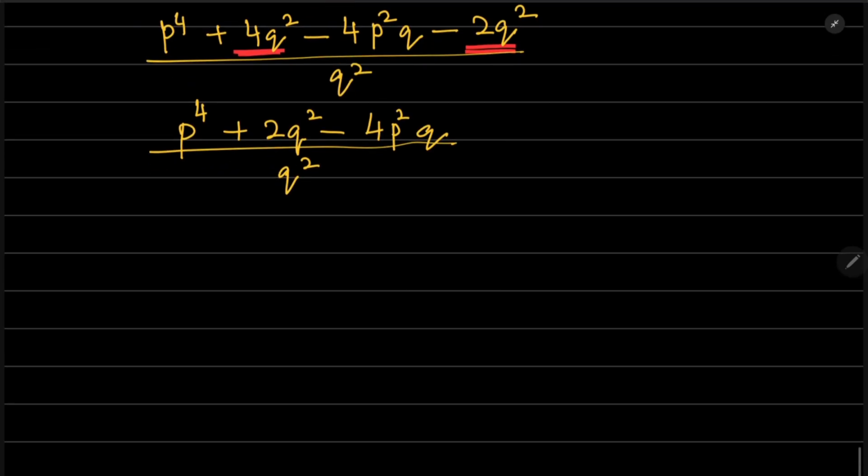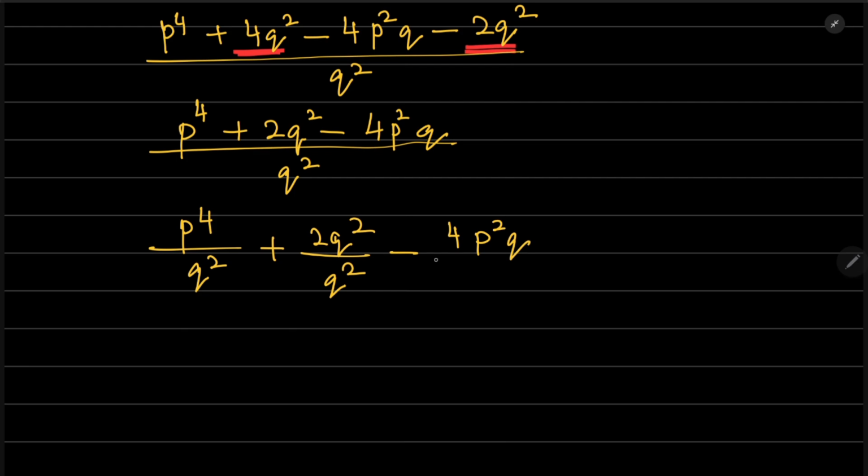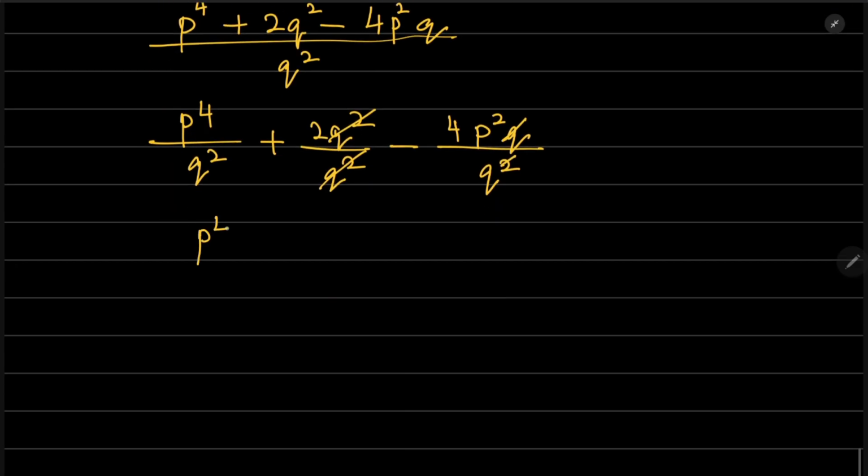Now just split it up. Split the q square among the three terms. So you have p to the power 4 divided by q square, plus 2q square divided by q square, minus 4p square q divided by q square. So q square will get cancelled, and here one q will get cancelled. So what do you get? P to the power 4 divided by q square plus 2 minus 4p square by q.